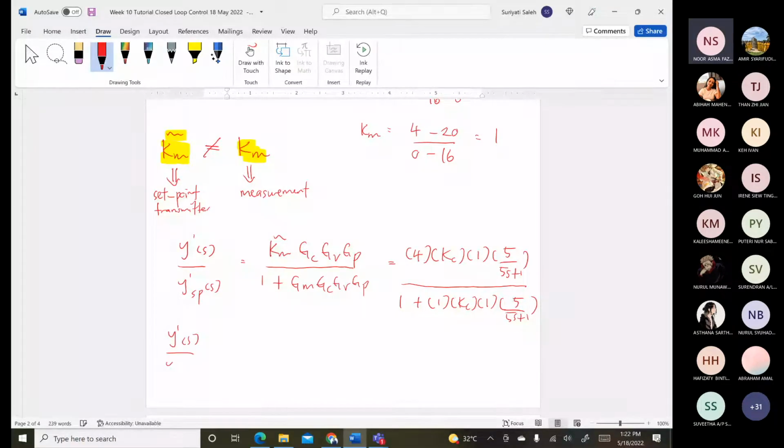So this will contribute into 4 multiplied by 5, you get 20 kc, and then divided by 5s plus 1, plus 5 kc. So you have this form after simplification.